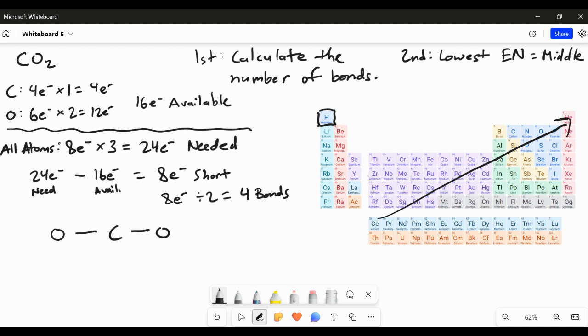Okay. I've used up 2 of my bonds. Okay. Now, here's what we have to understand. Each bond is 2 electrons, and we need 4 bonds. So that means 8 electrons are going to be in bonds.